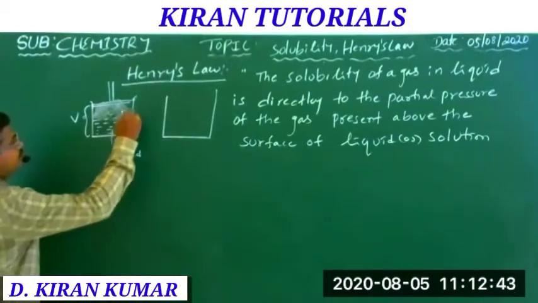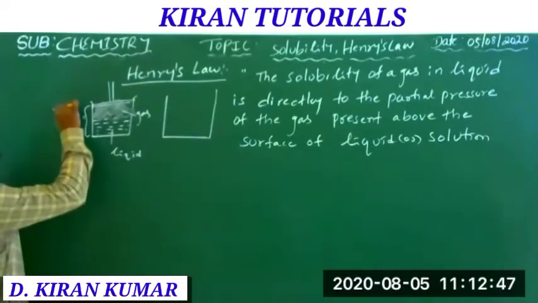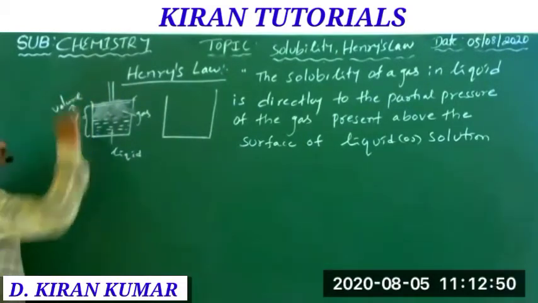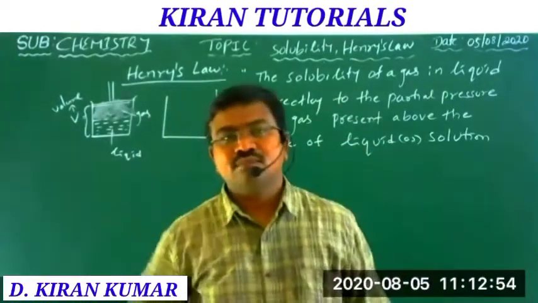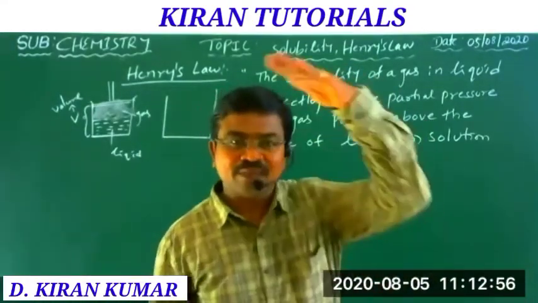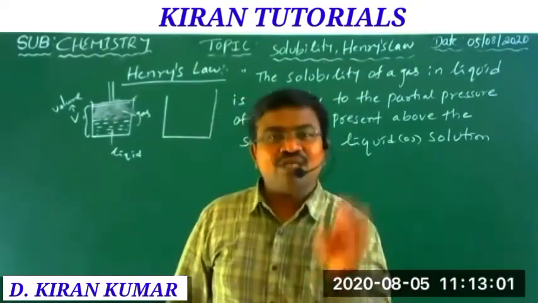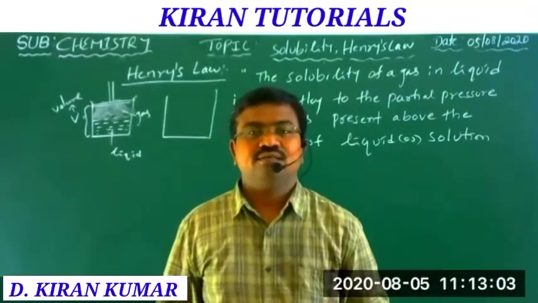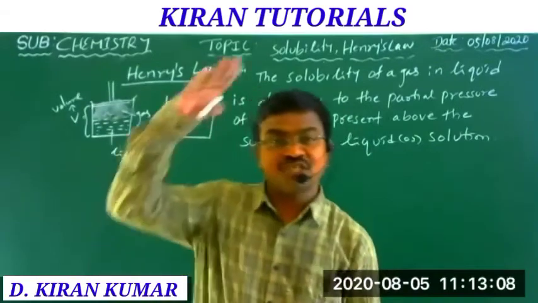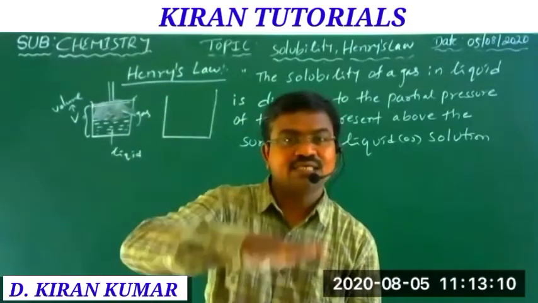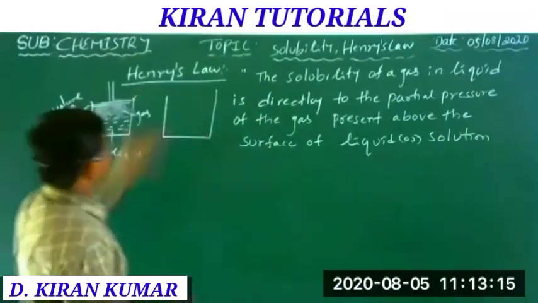It is a gas and it is variable. See, if you increase the pressure, so what happens? Pressure is increased on the solution. So the solubility of a gas in a liquid is directly proportional to the partial pressure of the gas present on the surface of the solution or sample. See, it is a surface.